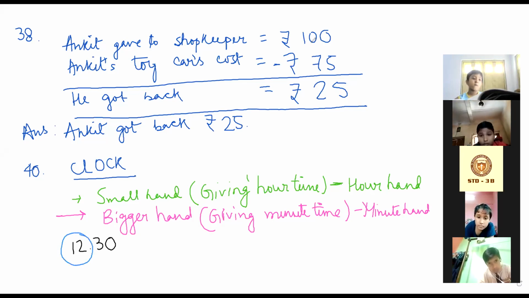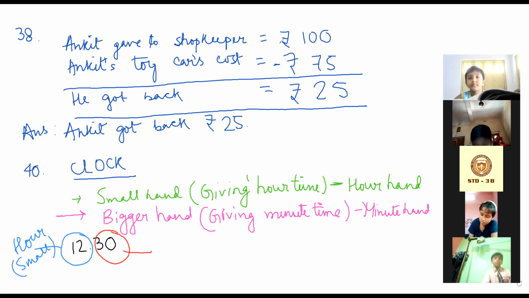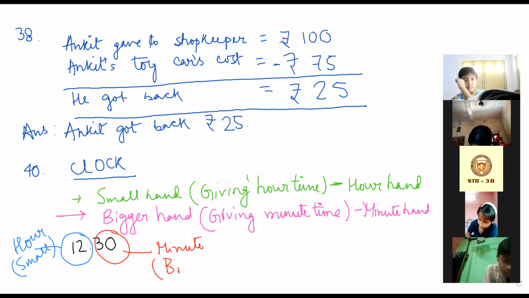This is known as the hour. So here you will see that small hand is over here. And this 30, this is known as minute, right? That is why it will be denoted by the bigger hand. Denoted by the bigger hand means what?